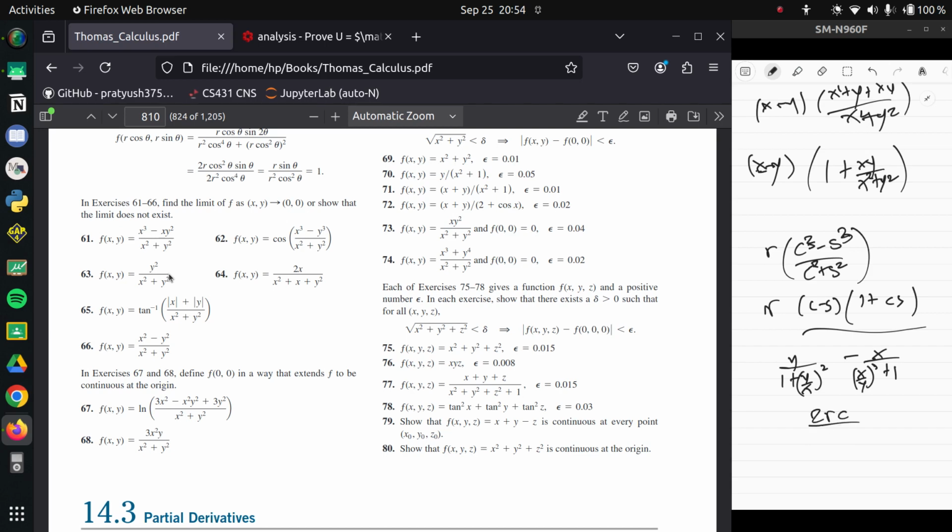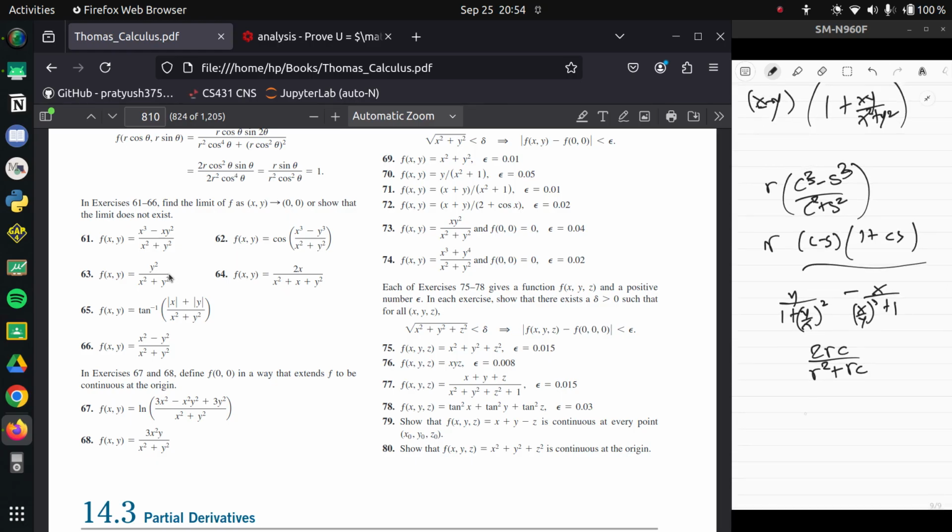So 2r cosine upon r squared plus r cosine. This just becomes 2 cosine upon r plus cosine. So as r tends to 0, this just approaches 2 cosine upon cosine, so it's 2. This should approach 2, it seems. And no, that doesn't look correct. r goes to 0.